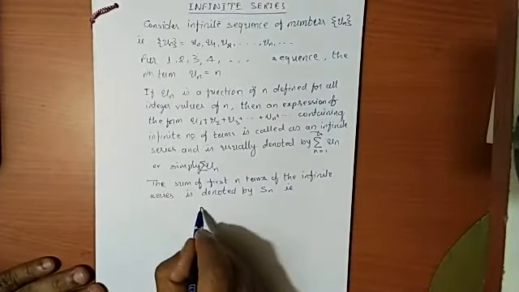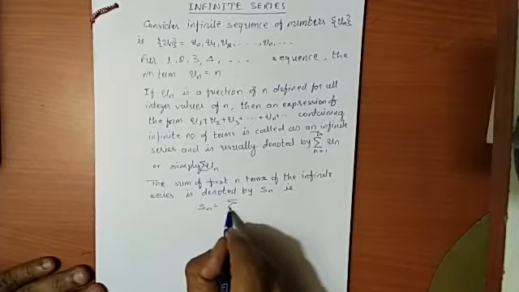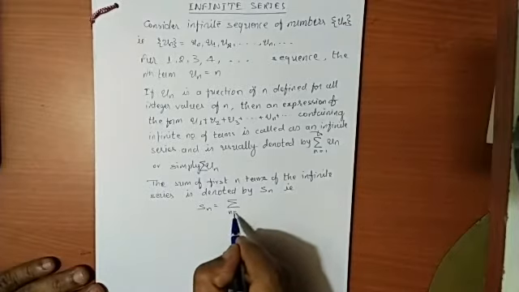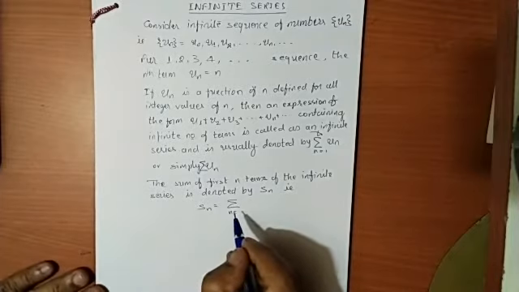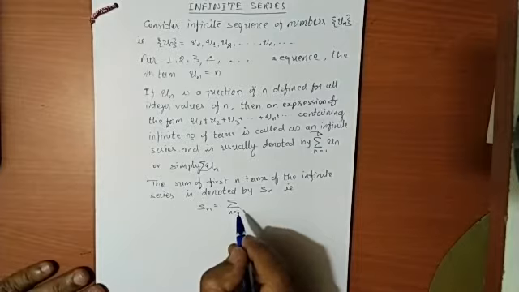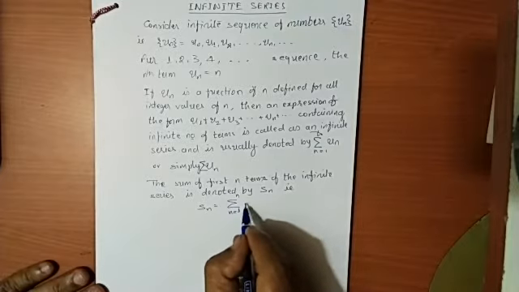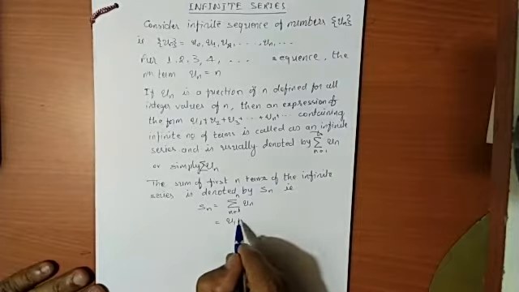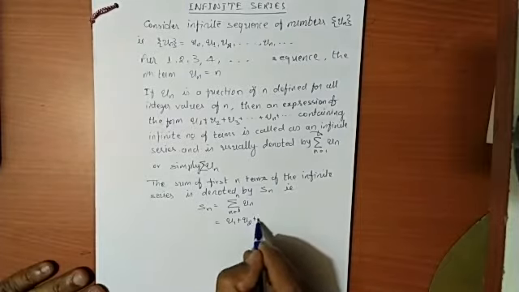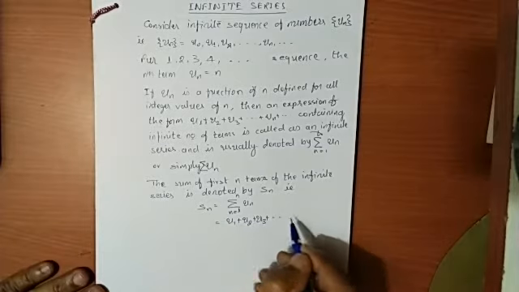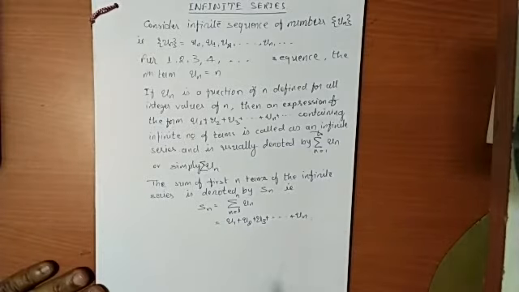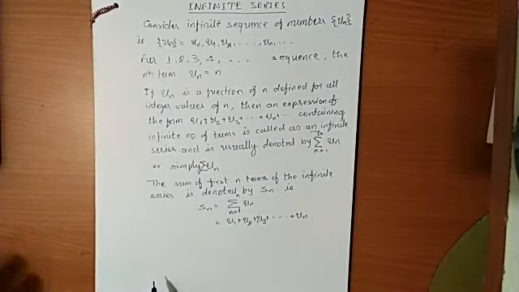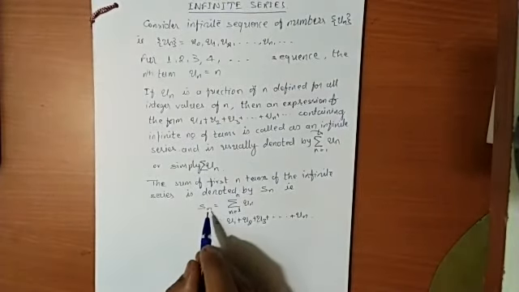That is, Sn is equal to sigma n from 1 to n of un, which is u1 plus u2 plus u3 plus and so on plus un. So this is the sum to the first n terms.